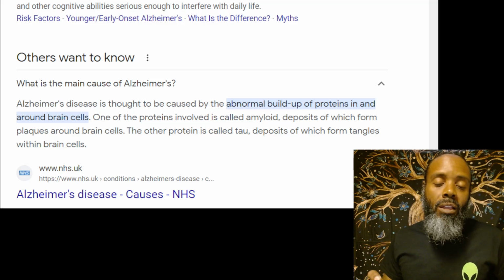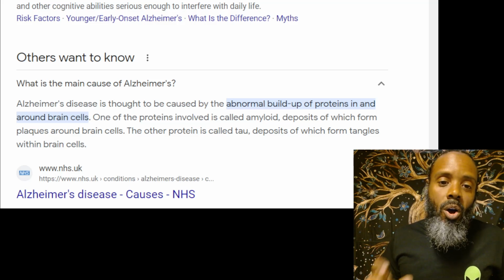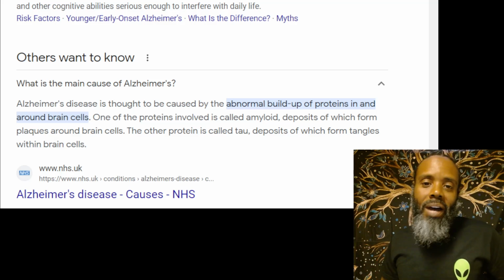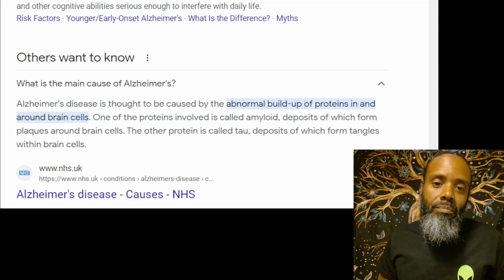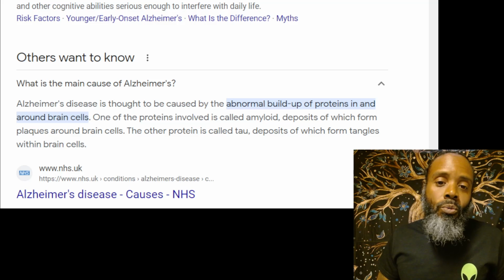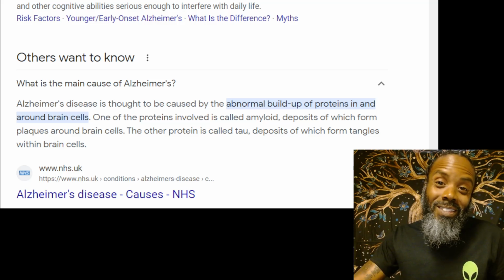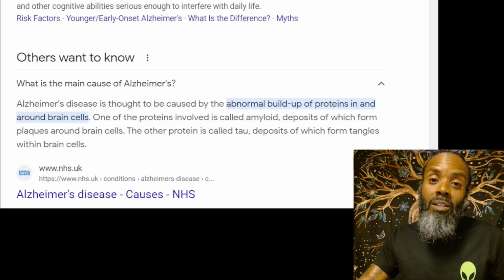Pause. When it says Alzheimer's disease is thought to be caused by, that means they don't know. That's just what they think. Okay. So, now I've read about this a little bit, and aluminum is supposedly a main cause, a main factor in Alzheimer's and dementia.